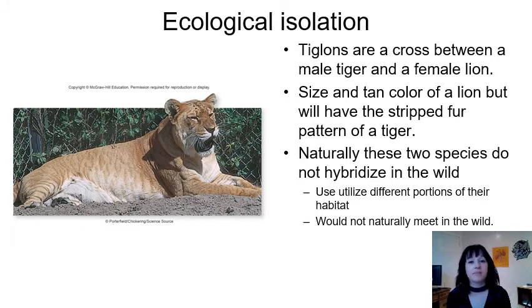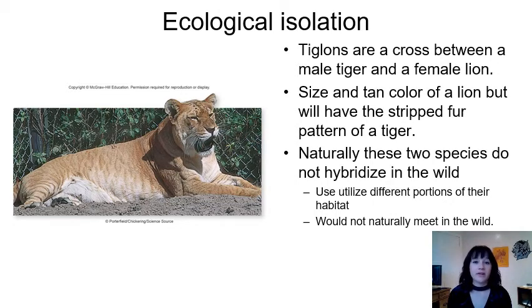Let's look at an example of ecological isolation. We have our tigon, or maybe you've heard of a liger. This is when a male tiger and a female lion mate. So it is physically possible. The resulting offspring has the size and color of a lion, but will have striped fur patterns like a tiger. Now, this does not normally happen in the wild, right?